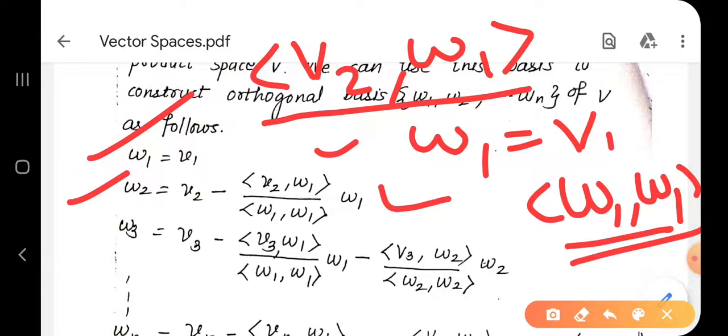So in w2 there are two terms. In w3, three terms. Will you tell me w3? v3 minus the inner product of v3 and w1 divided by the inner product of w1 with w1, times w1, minus the inner product of v3 and w2 divided by the inner product of w2 with w2, times w2. Correct?